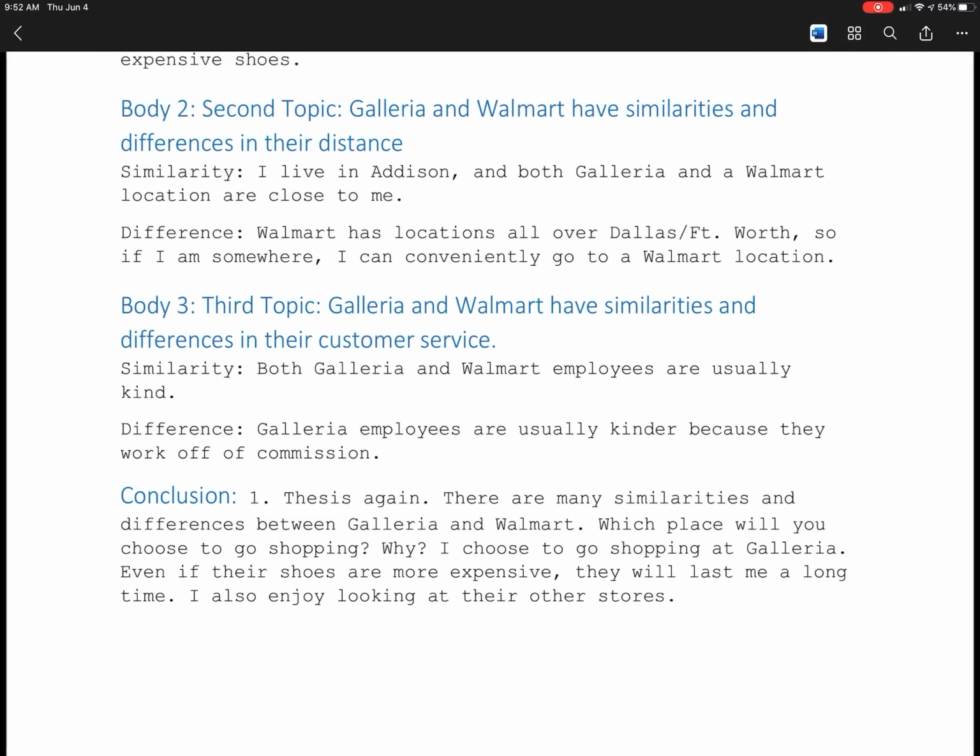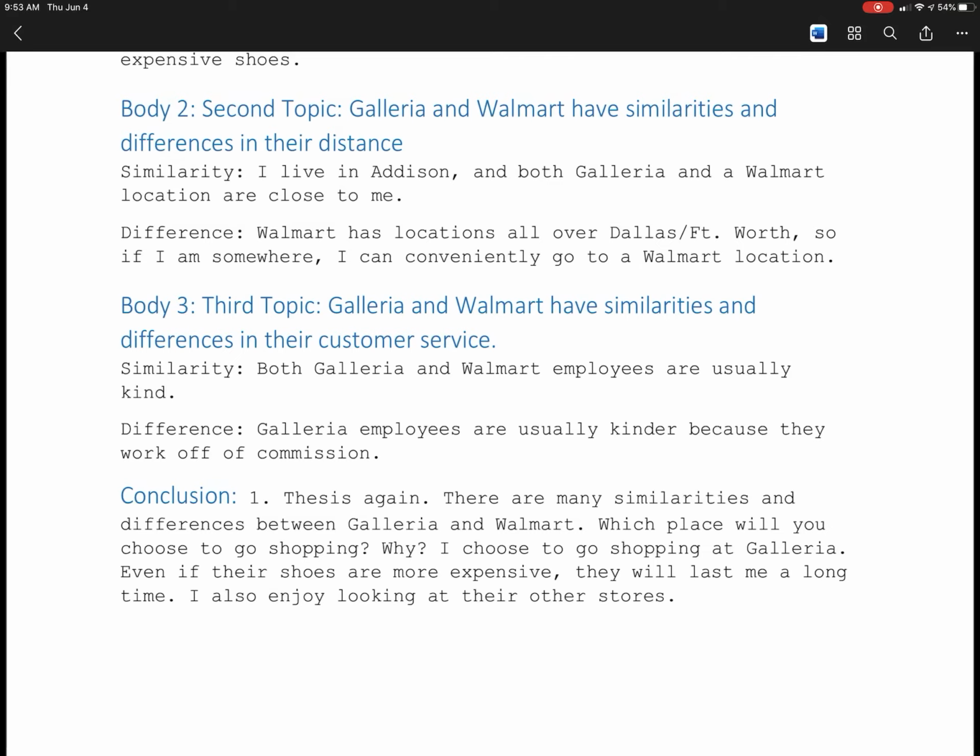My third body paragraph here, my topic sentence is Galleria and Walmart have similarities and differences in their customer service. This paragraph can only be about their customer service. And remember, at least one similarity and at least one difference. Both Galleria and Walmart employees are usually kind.